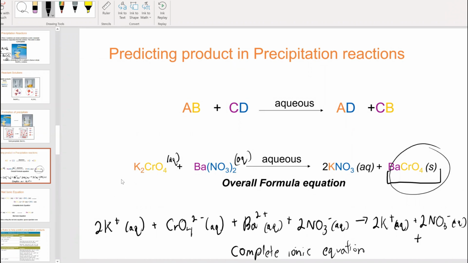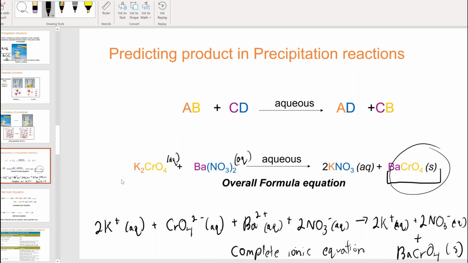Now, the solid does not break apart, because if you take a sample of this solution, the barium chromate will be barium chromate, because it came out of the solution. It did not dissolve. It no longer has the ability to dissolve. So you'll have BaCrO4 (s). And that is your complete ionic equation.